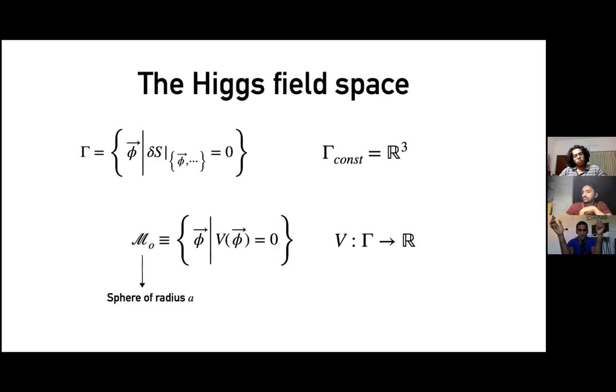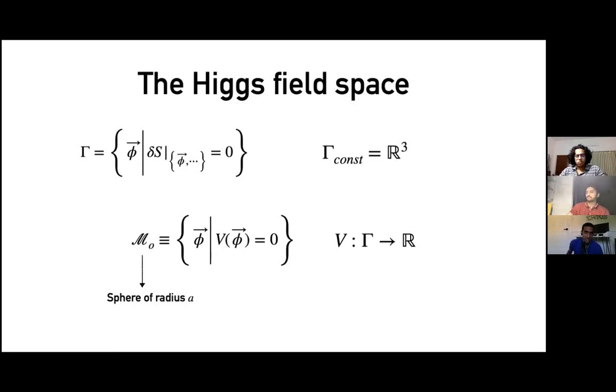Literally, if I take phi to be constant, then this otherwise infinite dimensional space is just going to be R3, the internal space, because the field space is R3 at every point. But if I have constant fields, then it's like having just one R3.